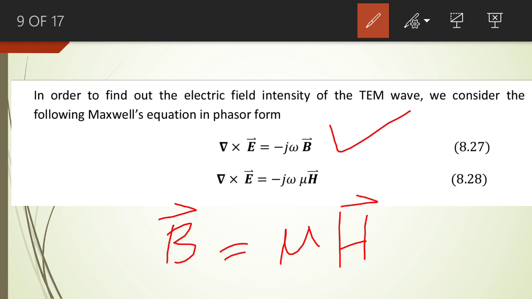So we put the value of the magnetic flux density in this particular equation, and we get this particular equation. So putting the value of the magnetic flux density in the first equation, we get the curl of the phasor value of the electric field intensity, which is equal to minus j omega mu multiplied by the phasor value of the magnetic field intensity.